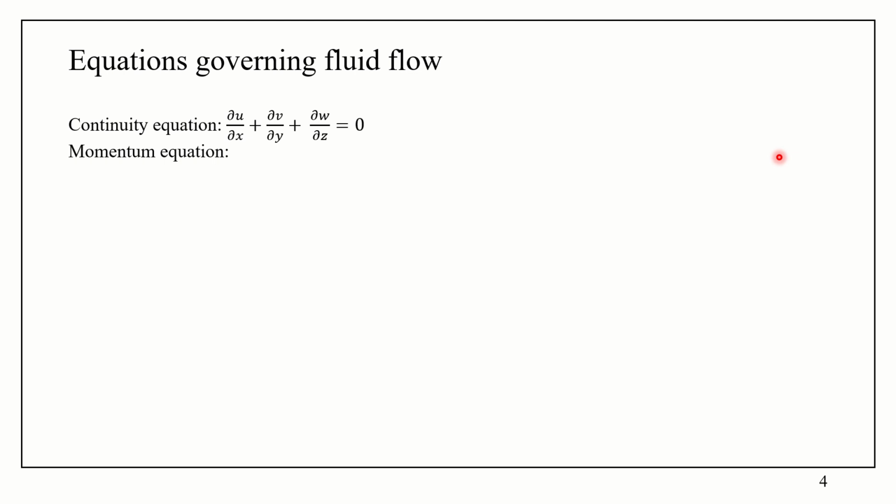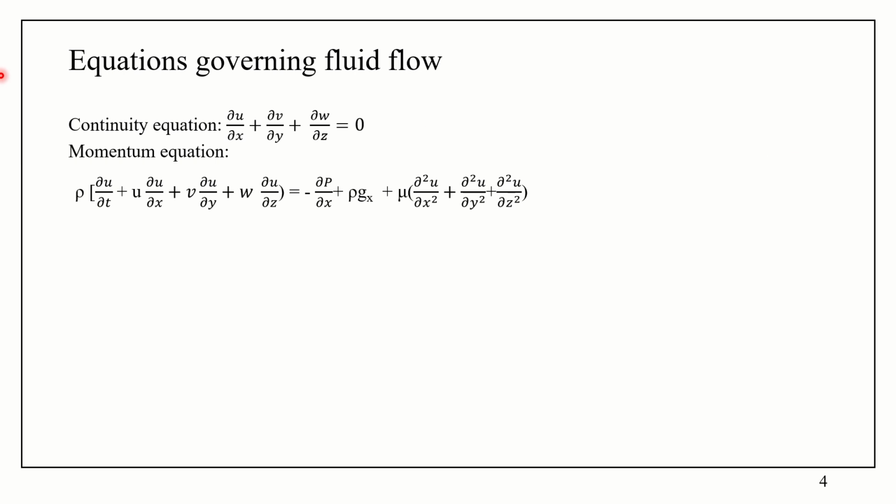In the x momentum we have rho into dou u by dou t plus u into dou u by dou x plus v into dou u by dou y plus w into dou u by dou z equal to minus dou p by dou x plus rho g x plus mu into dou square u by dou x square plus dou square u by dou y square plus dou square u by dou z square.